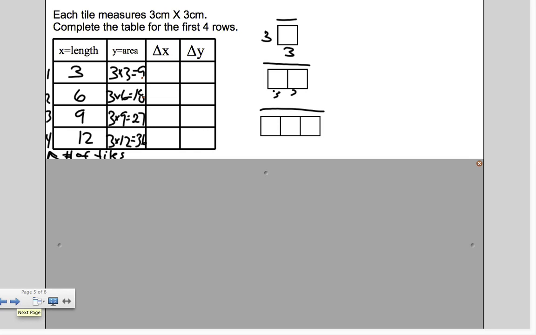Stay with me. This is delta x. Delta x, the change in x. So it's 3. Change in x here is 3. Change in x here is 3.